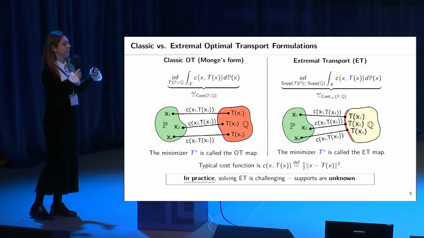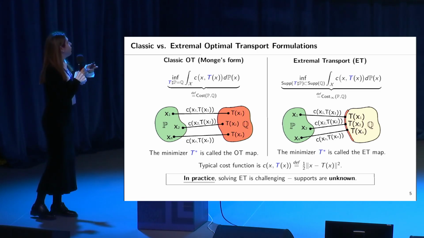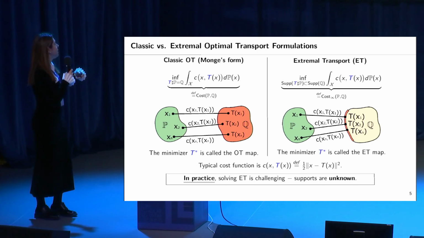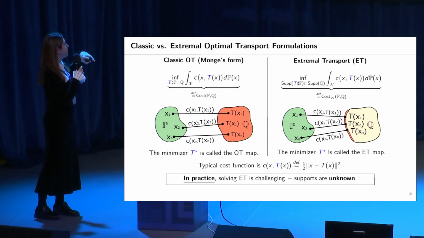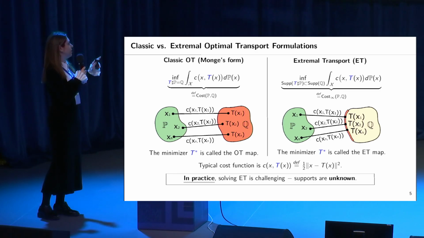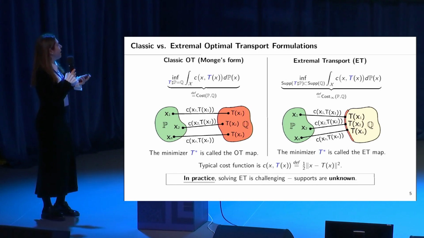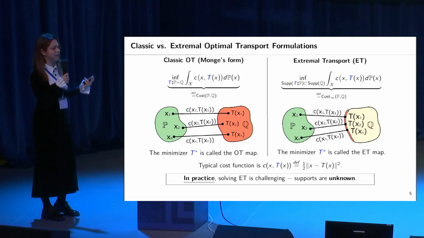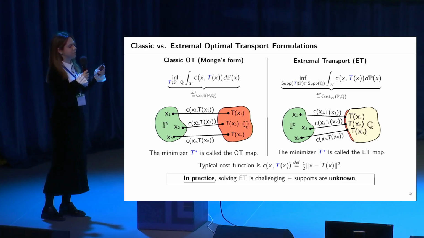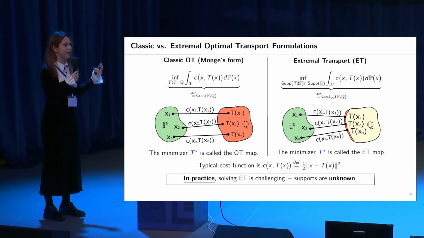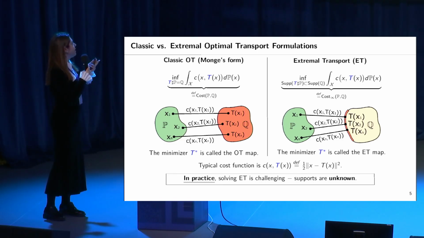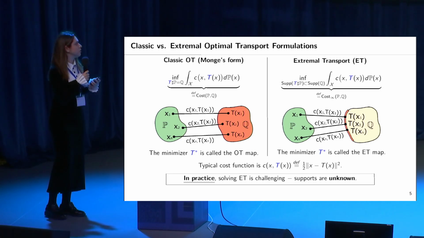That is, to find some transport map T, which transports the distributions, minimizing the cost function C. For example, a commonly used cost function is the quadratic one, which is written at the bottom of the slide. So it is a nice formulation which generally allows keeping the content, but in some cases when the distributions are unbalanced, it might lead to failures, as we already saw.